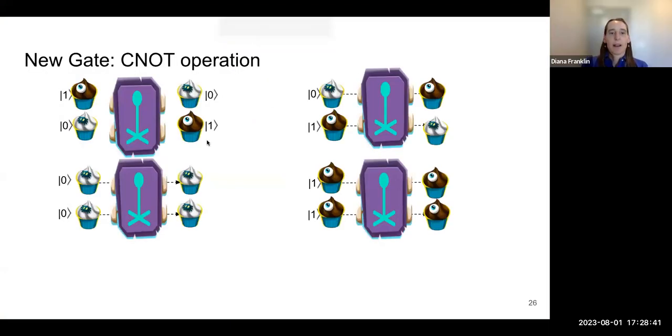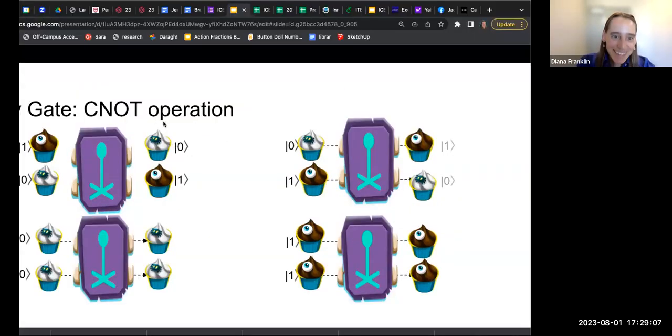Okay. All right. So now we have a CNOT operation. And the spot is the control and the X is the target. So if the one on the spot, in this case the top one, if the top one is chocolate, oh, I'm so sorry. This is wrong. Let me just change this slide.